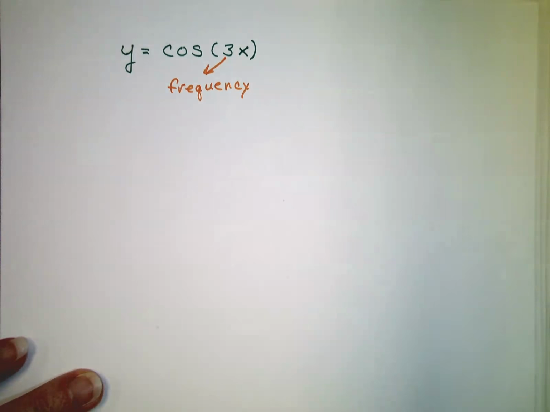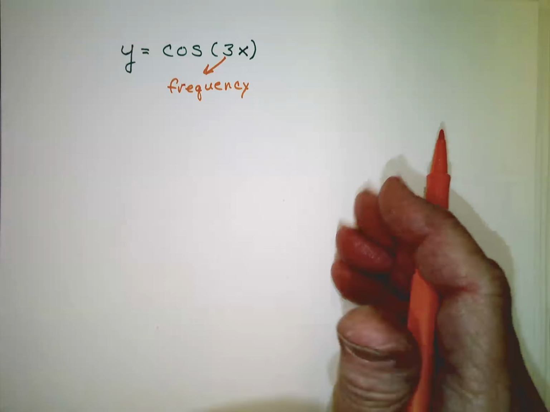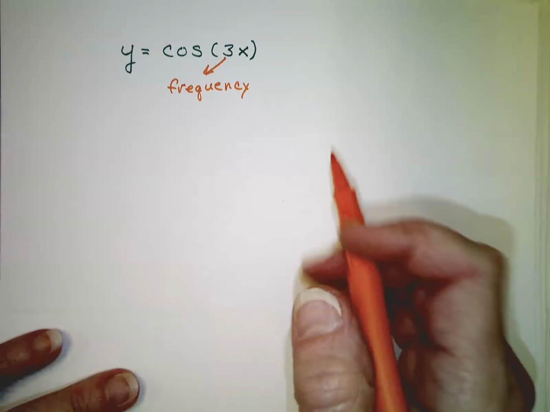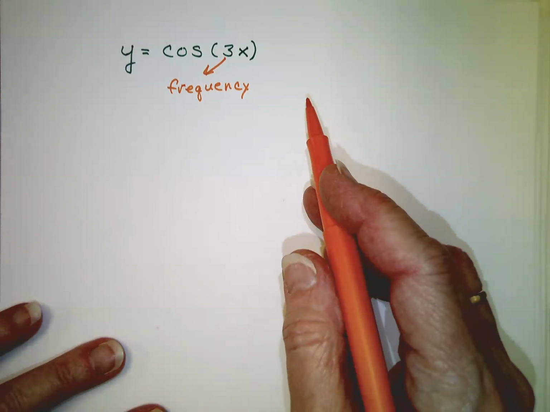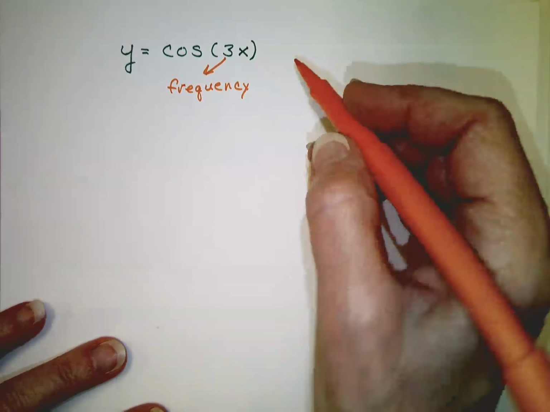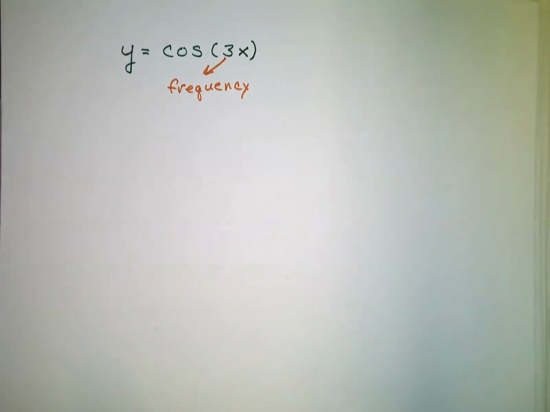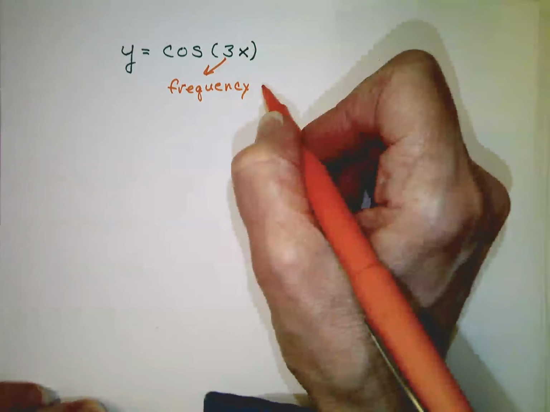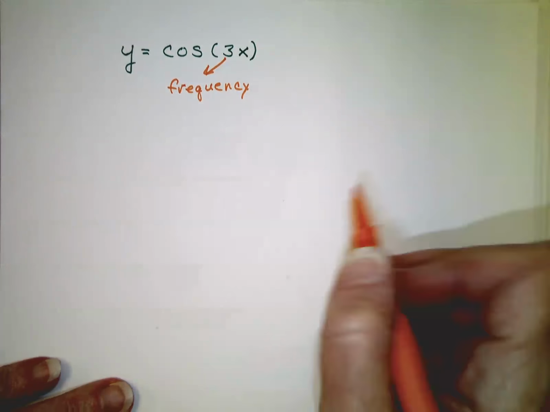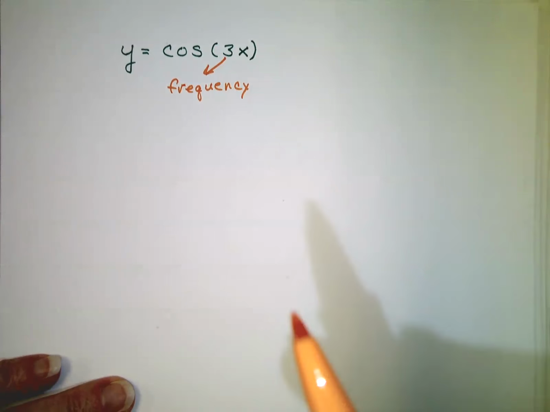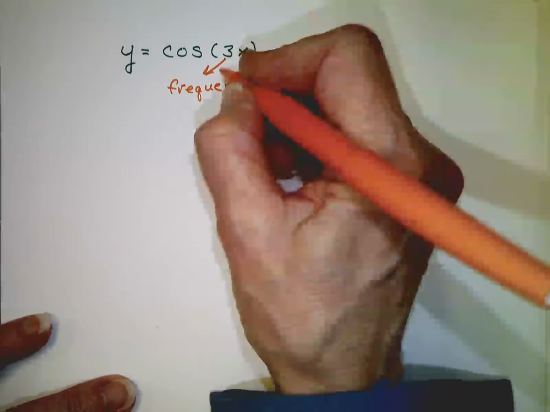It's not just the wave action on the ocean that keeps the surfers busy. The waves are everywhere, and we use them. The high frequency things we use as cutting tools, and I wish that we had time to actually explore some of this, and I hope you'll get to study some of them in your future math courses. Anyway, this is the frequency.